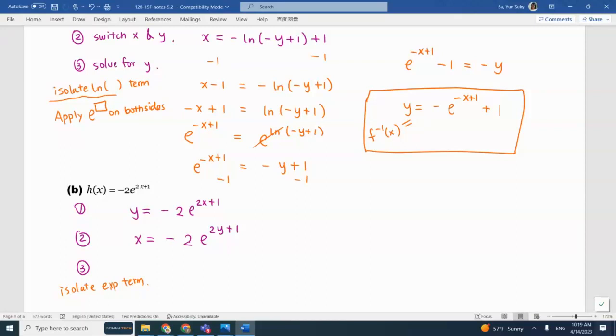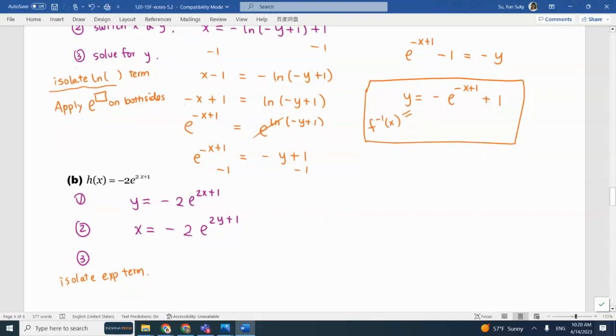This is multiplication, so we divide. This is not subtraction, we cannot add. So make sure you know what operation we should do. So divided by -2, we get negative x over 2 equals e to the 2y plus 1. Is that okay, everybody?